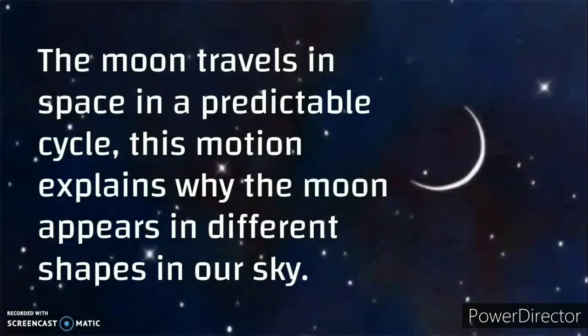Now, the moon travels in space in predictable cycles, and this motion explains why the moon will appear in different shapes in our sky. Let's talk about motion for a second. We said that the moon reflects the sun's light, and half the moon is always going to be lit up from the sun. Now, here on Earth, we're only going to see that half of the moon. We're never going to see the dark side of the moon.